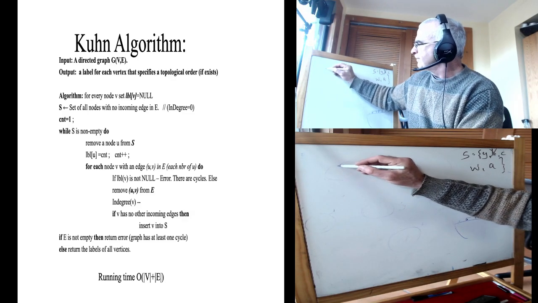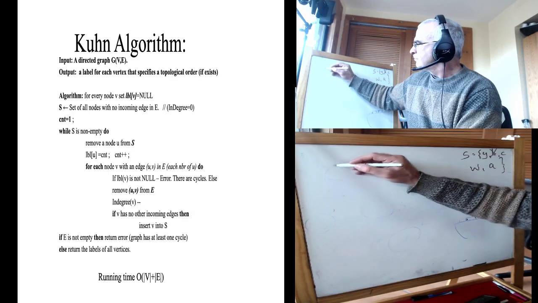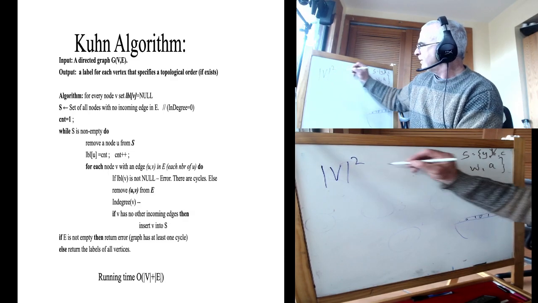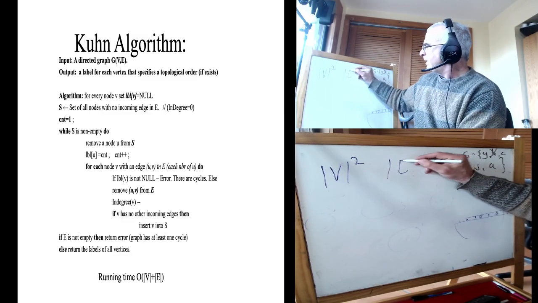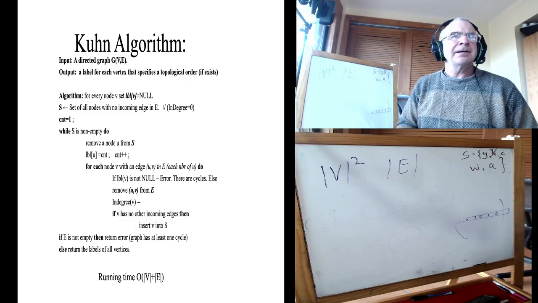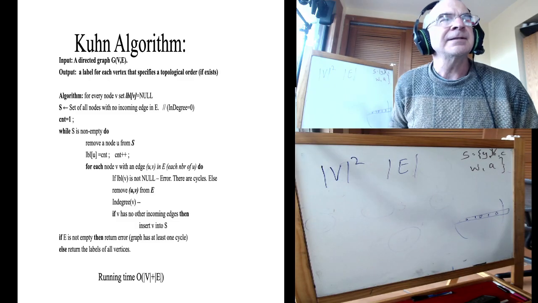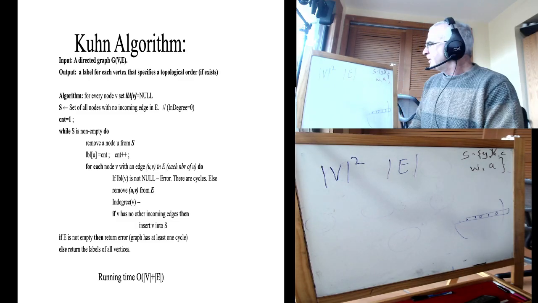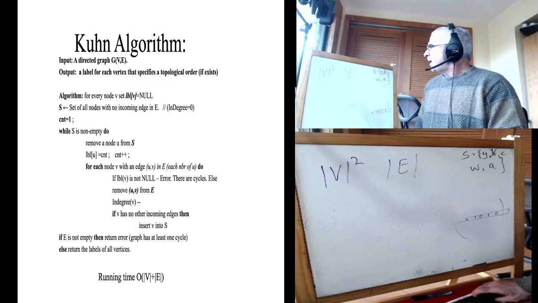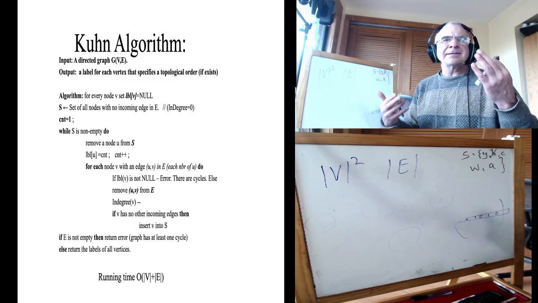What is larger? Is this v squared smaller or larger than the number of edges? And the answer is, it's a trick question. The answer is it depends. It depends on whether your graph makes sense or not.